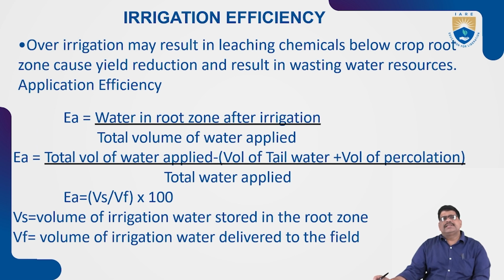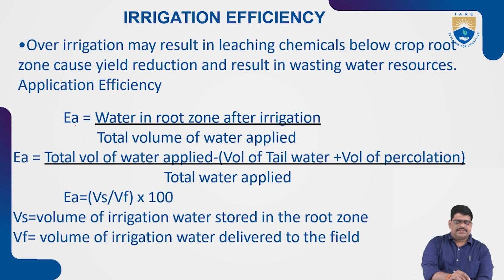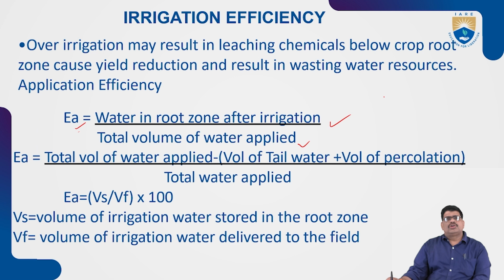Application efficiency is equal to EA. EA means the water in the root zone after the irrigation over the total volume of the water applied. So EA is equal to the total volume of the water applied minus the volume of the tail water plus the volume of the percolation.